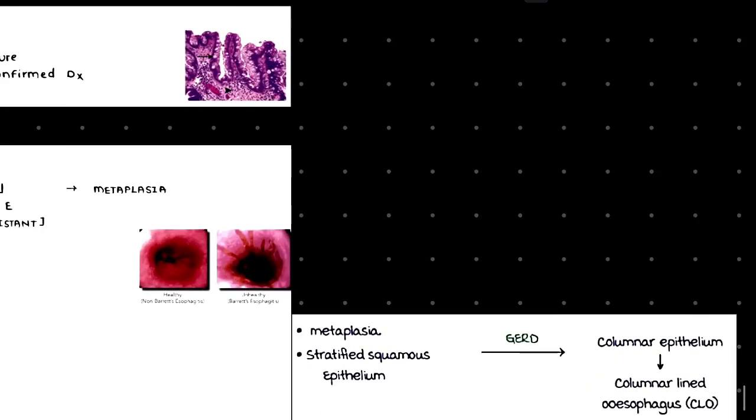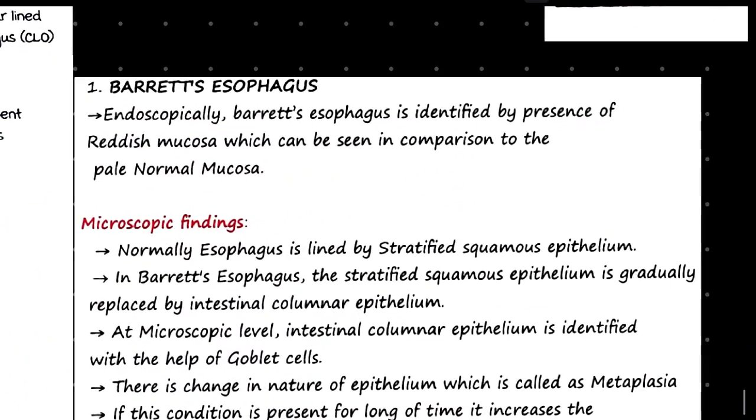The normal mucosa is paler, but here we will find red velvety mucosa. We can see it here also: these areas are the red mucosa of Barrett's esophagus. That is what we will see endoscopically.